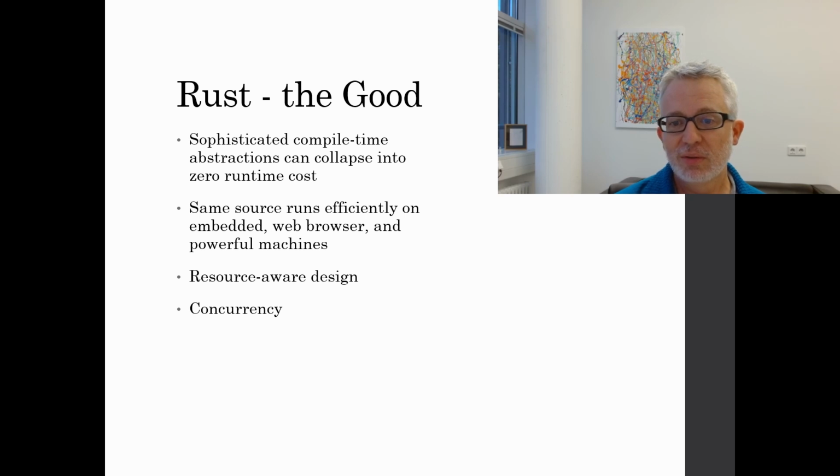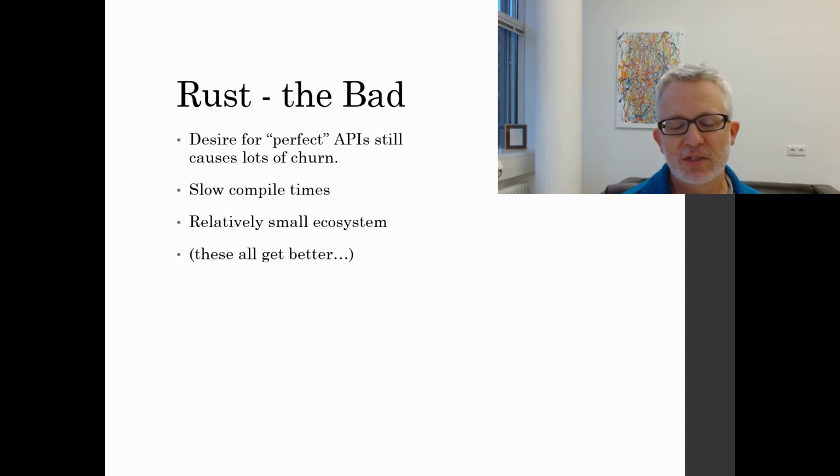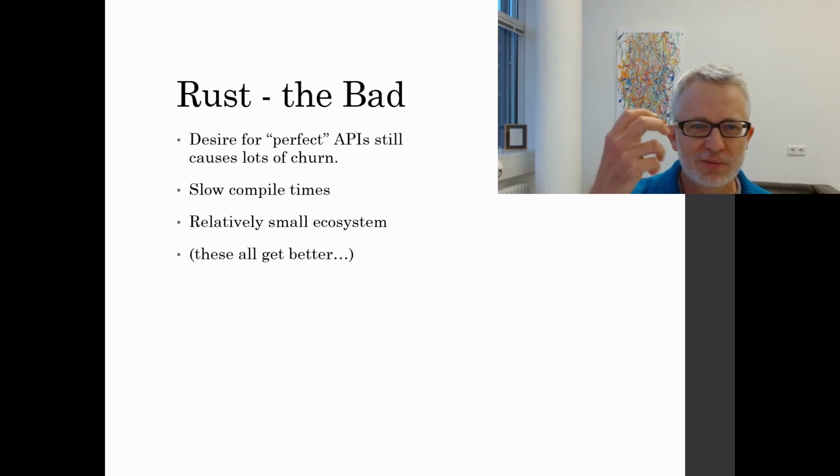And there are some downsides, and I think many of these are getting better. One of them is the counterpart to the first one about good abstractions: there's this programmer's desire to make perfect APIs. When you're programming in Rust, you have this incredible ability to see, if I just do it this way, it'll be a little bit better. If I do it this way, a little bit better.